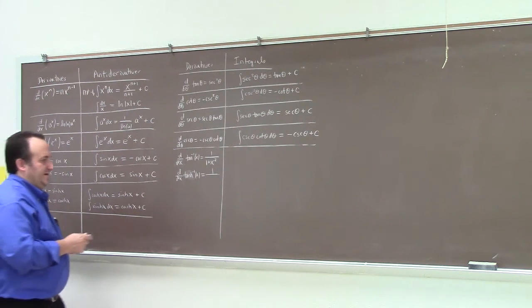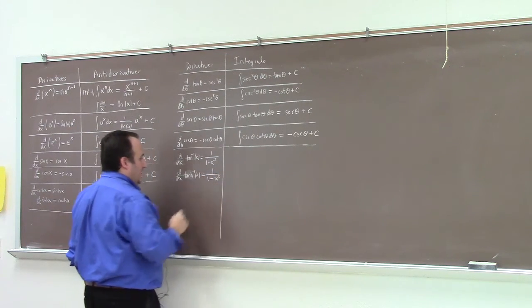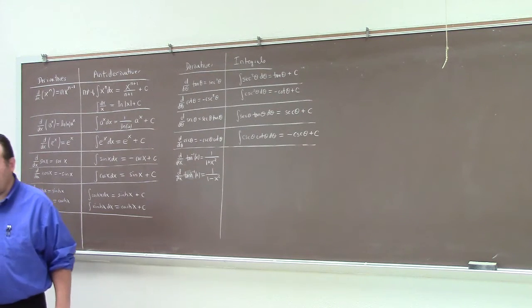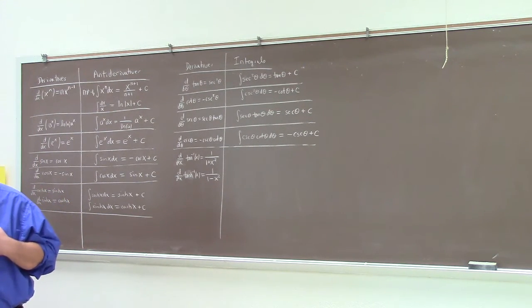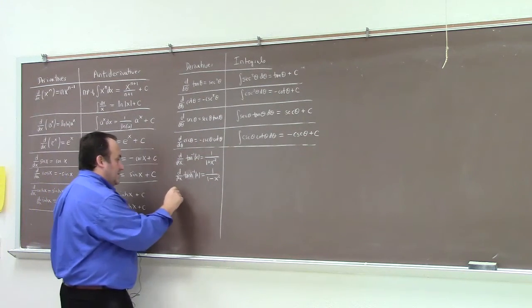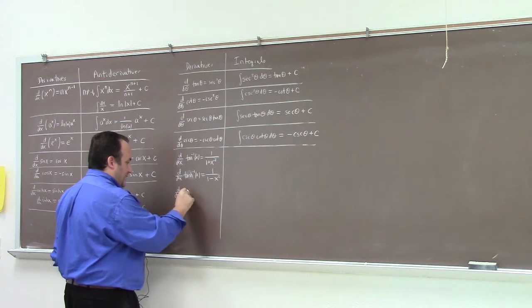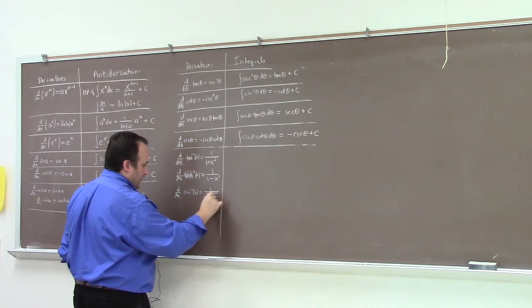I think it's 1 minus x squared. I say that because the range of the hyperbolic tangent is between plus or minus 1, and it's an increasing function, so the derivative must be positive. That forces me to put 1 minus x squared. Anyway, d dx of inverse sine is 1 over the square root of 1 minus x squared, all right?